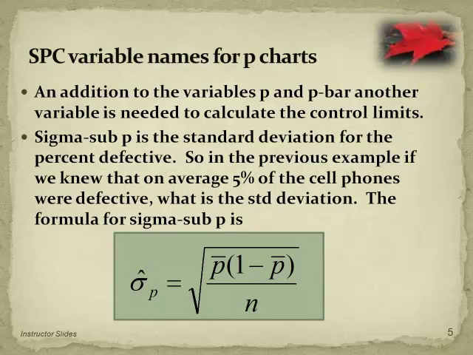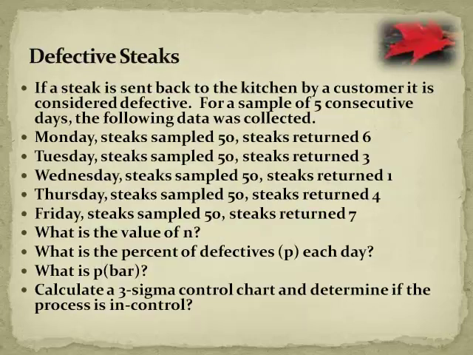The formula for calculating the standard deviation around the percent defective is shown in this slide: sigma sub P is the square root of P bar times 1 minus P bar, divided by little n. And again, little n is the same variable we've been talking about before. It is the sample size, the number of observations in each sample.